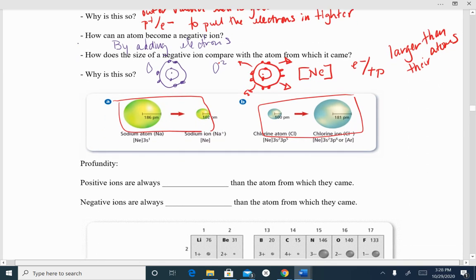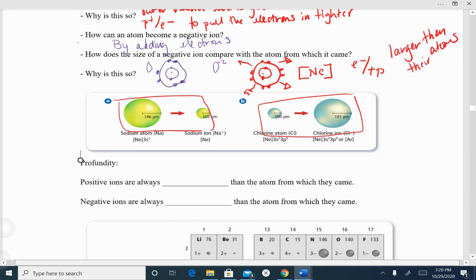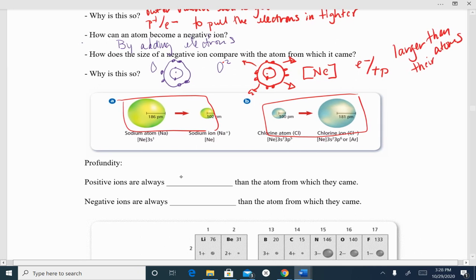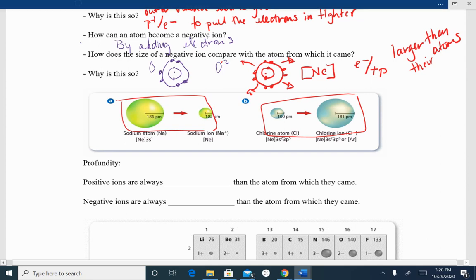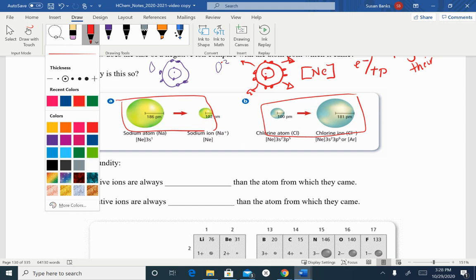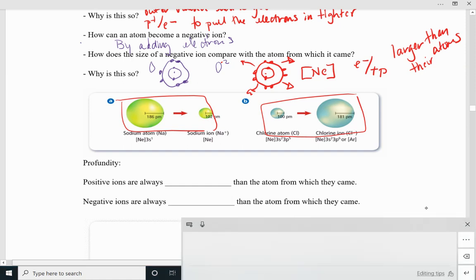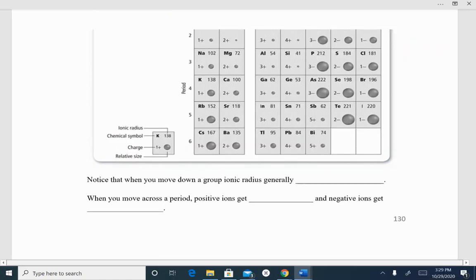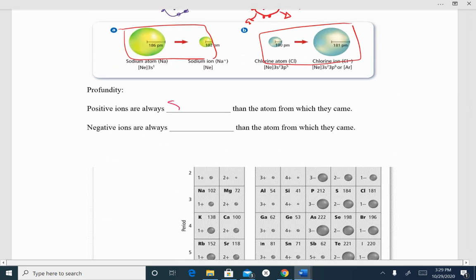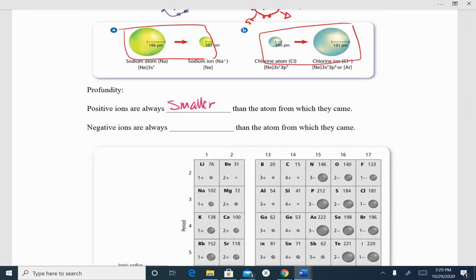Positive ions are always smaller than the atom from which they come, and negative ions are always larger than the atom from which they come.